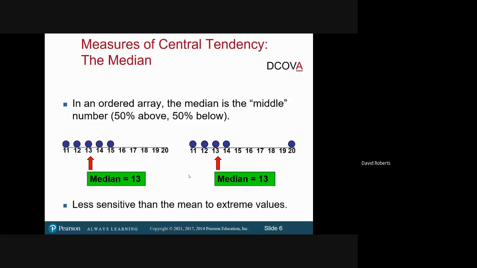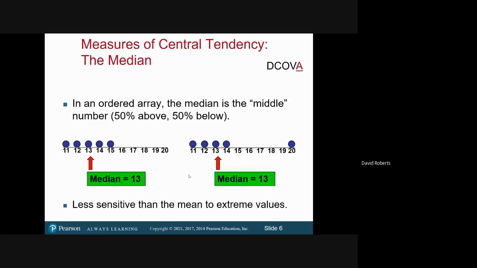So it's the middle. You can see in this particular case, you have 5 values on the left. The median is 13. That's the 5 values on the right, even though the mean changed. The median for both of these sets of data is 13. So it's not affected by the outlier. When you read about things like housing prices in Calgary, they use the median. The reason for that is, let's say one month you have an unusually large number of $1 million homes selling.